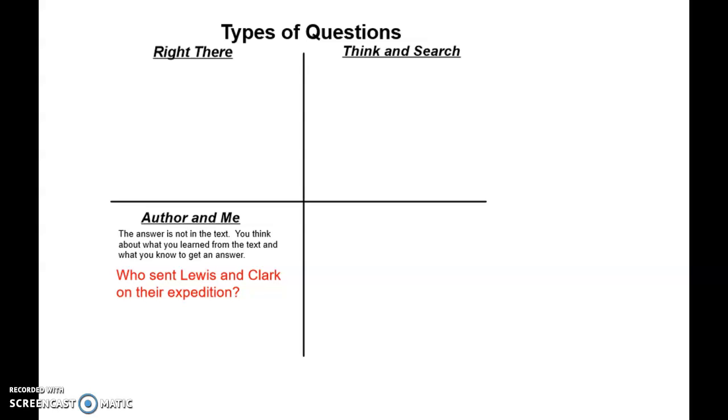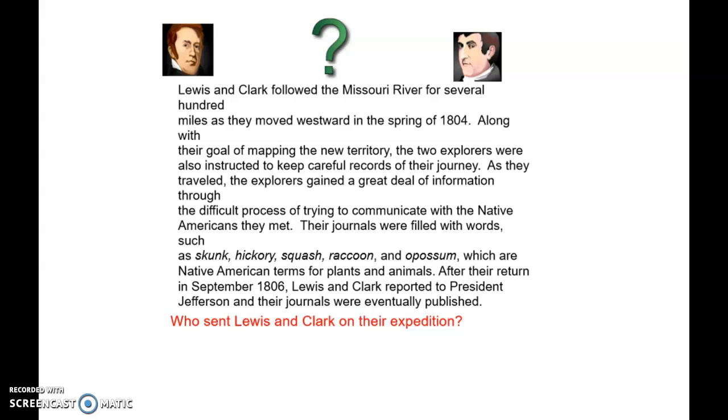So when we're looking at who sent them, well, let me see, who means I'm looking for a person. So definitely, I don't believe the Native Americans would have sent them because that's where they went. The only other person I see is President Jefferson, and that would lead me to believe that they gave the information to President Jefferson.